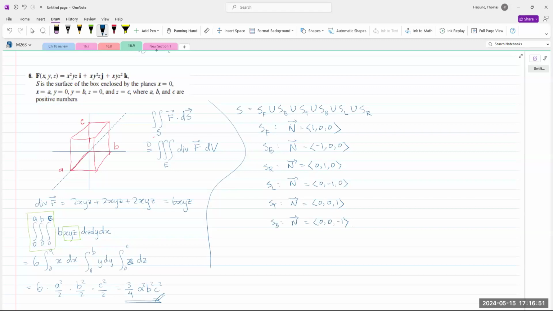So suppose I want to compute one of them. Let's say I do the top one. Double integral over the surface on the top of f. Now the f at the top is when z equals c, right? So cx squared y, cxy squared, c squared xy, dot, at the top, that will be 0, 0, 1 dA.